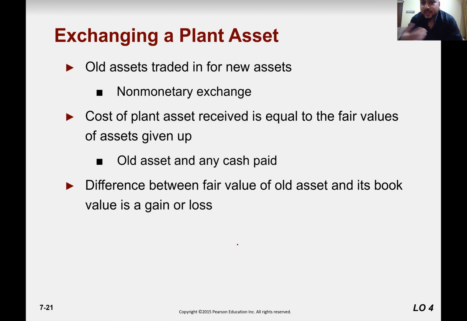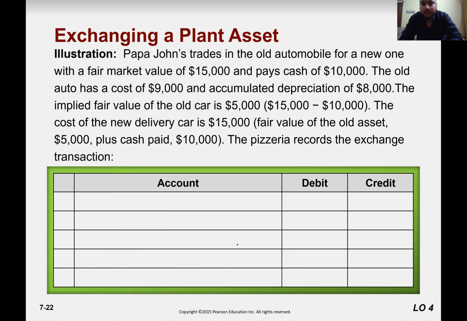Now, what happens if we exchange a plant asset? So there are two companies. We don't need this plant, but we will be exchanging the plant with them. So the fair value of those assets is going to be compared, right? Let's read the example here.